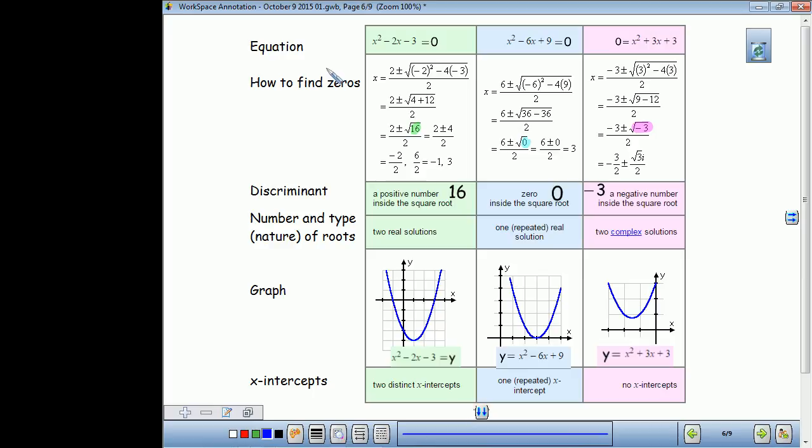Okay, now, yesterday, we looked at the discriminant. Let's tie it all back together today. If we started out with an equation, so that would be if we had y equals here, like we do down here, and we were finding the zeros, we could plug it in to the quadratic formula.